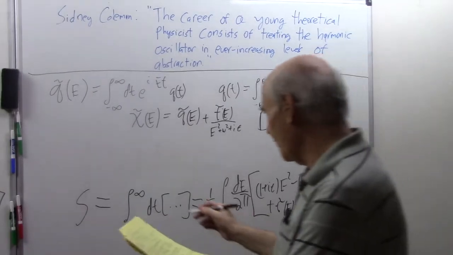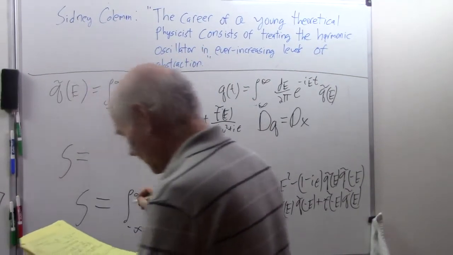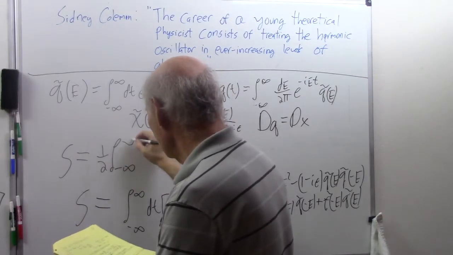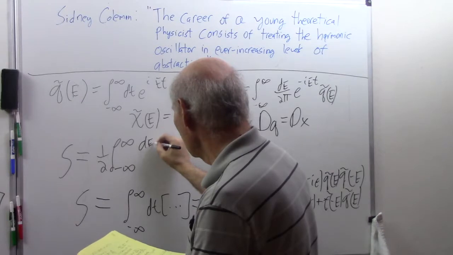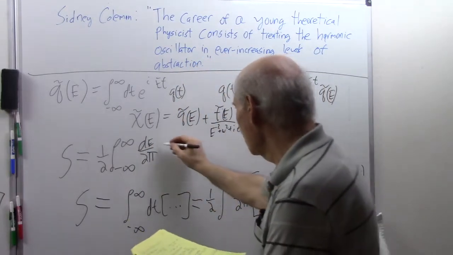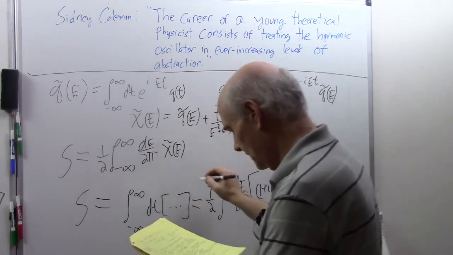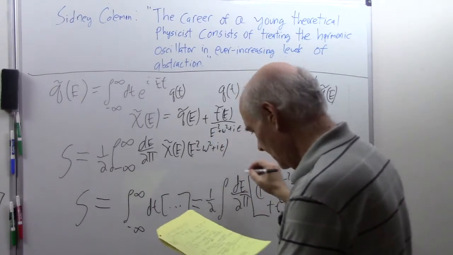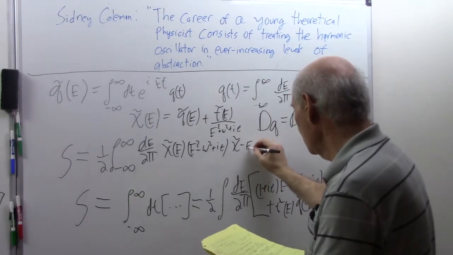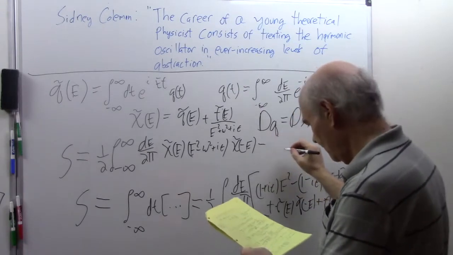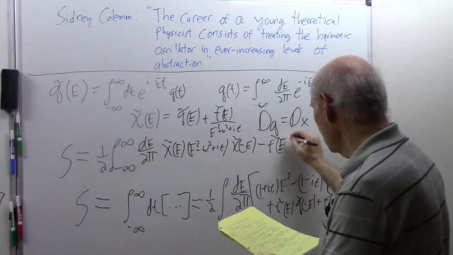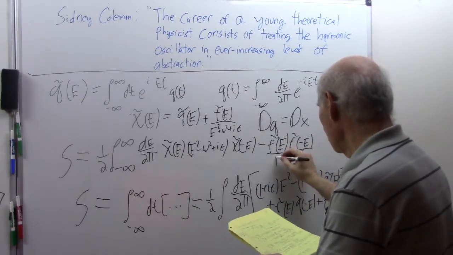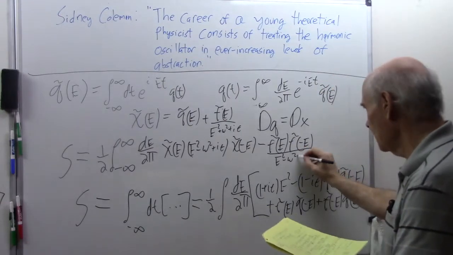I don't want to grind through the whole thing, but S will become S equal to 1/2 the integral from minus infinity to infinity dE over 2 pi, x tilde of E times (E squared minus omega squared plus i epsilon) times x tilde of minus E, minus f tilde of E f tilde of minus E divided by E squared minus omega squared plus i epsilon.